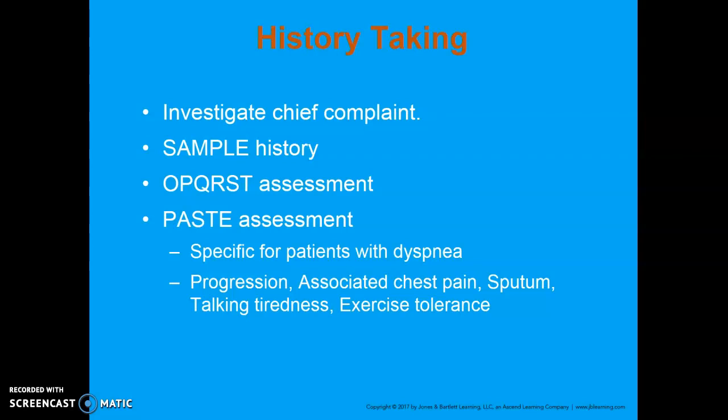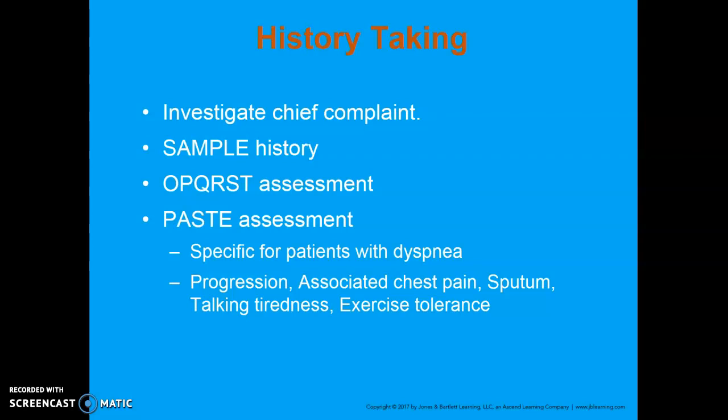You want to ask specific questions about respiratory distress, such as what is the patient's overall state of health, any childhood or adult diseases, any recent surgical procedures or hospitalizations. Those definitely increase the possibility for the patient to have some sort of clot. And then, have there been any traumatic injuries?